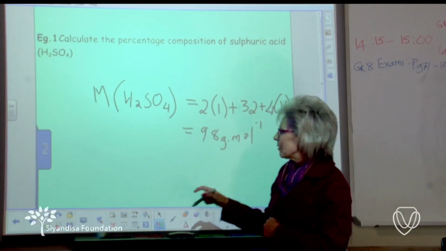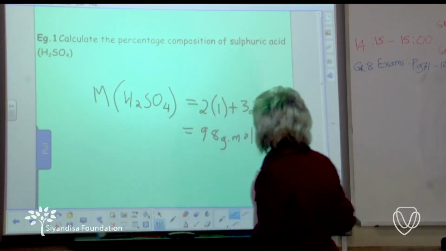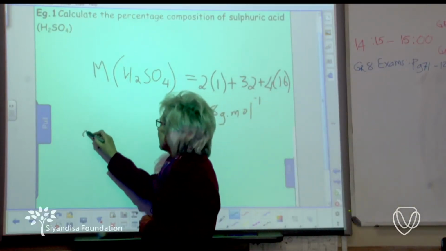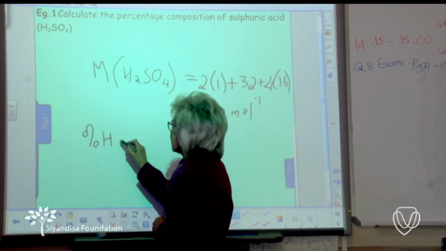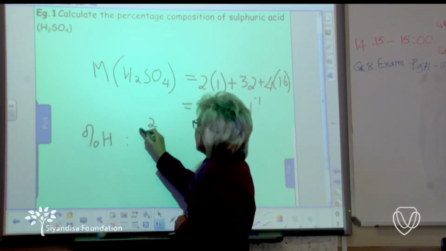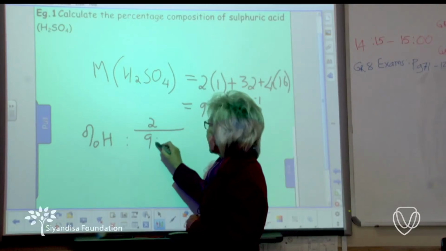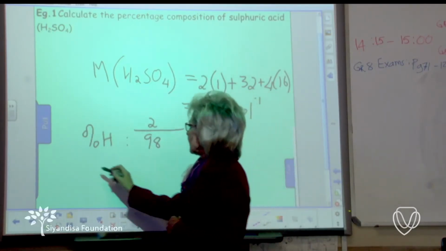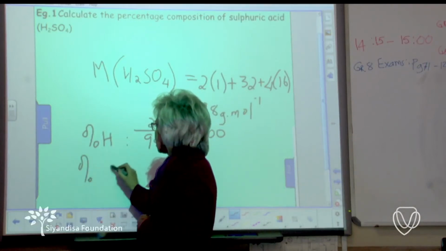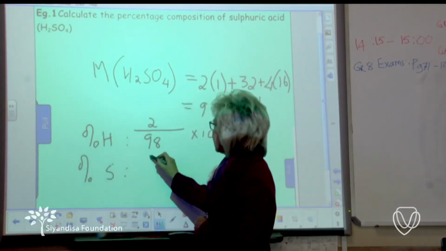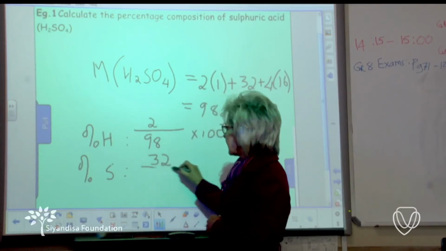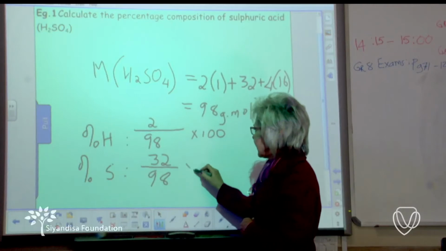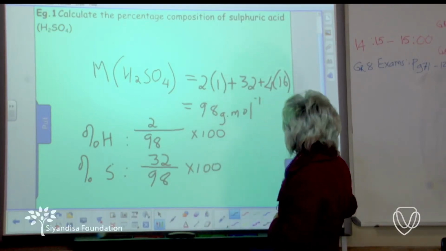And when we then calculate the percentage composition, we will calculate the percentage of hydrogen being 2 gram out of the total 98, and we times by 100. And then for the percentage of sulfur, it will be the mass of 1 sulfur being 32, the molar mass for the molecule being 98, and we times by 100.